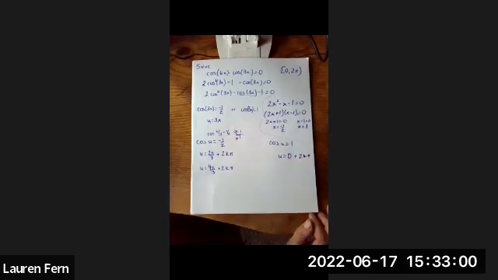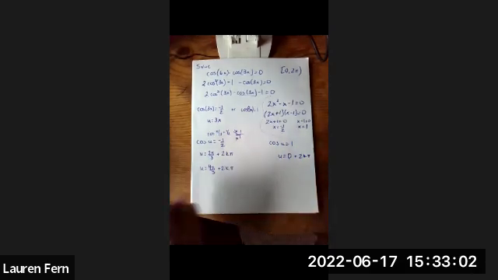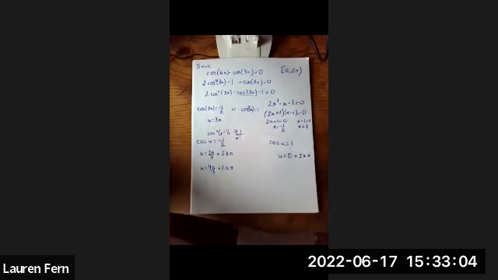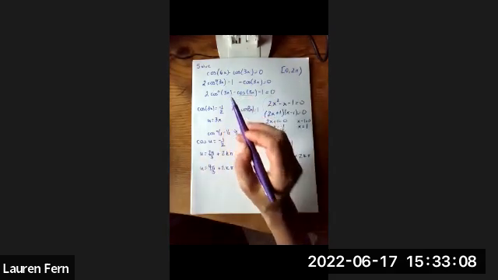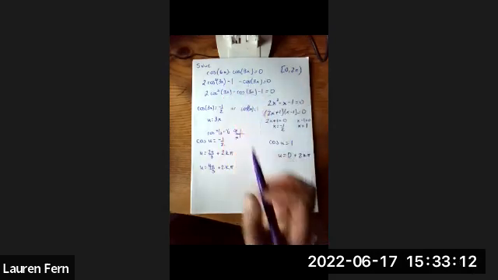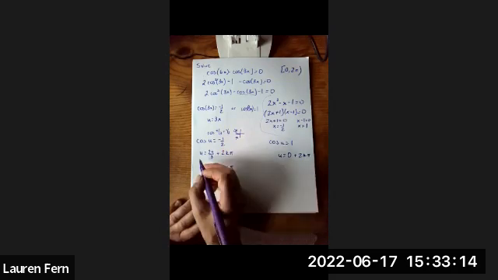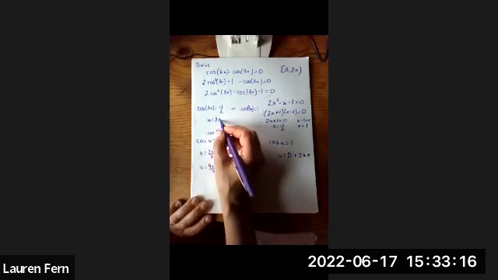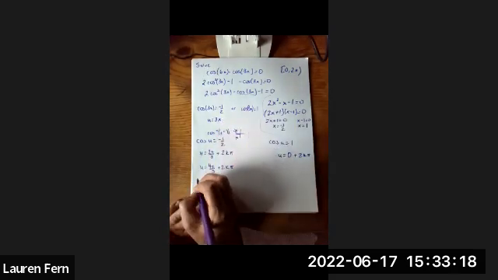We're not done though, okay? Notice we found what u is, but now what we need to do is solve this in terms of our x. So what is u equal to? It's equal to 3x.